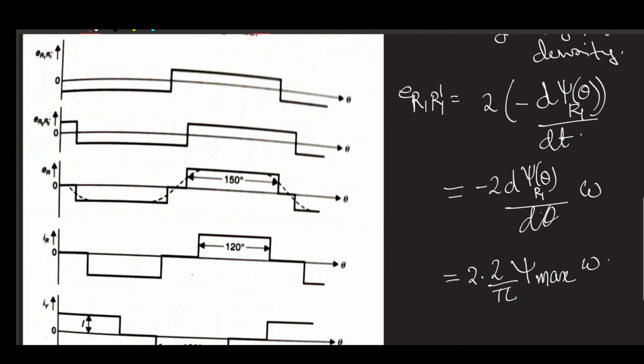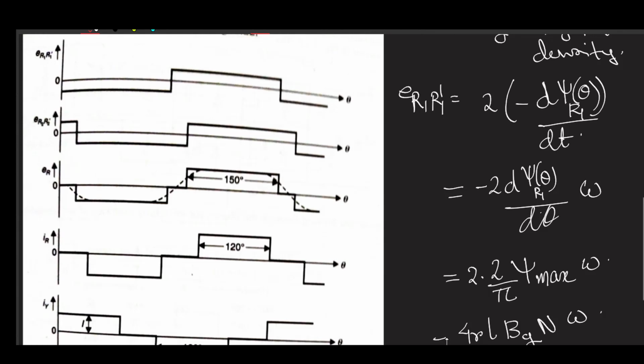Now if you put the value of psi max, it will give you 4 R L B G N omega, right?